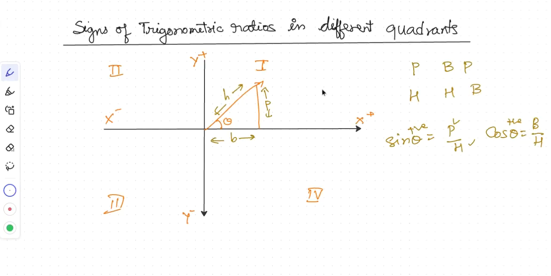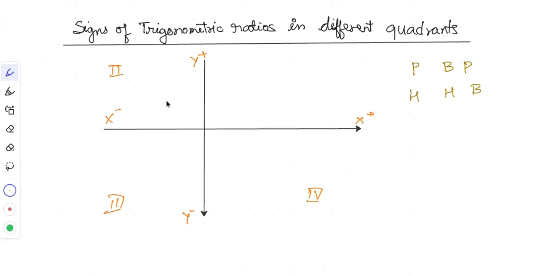Now let us talk about the second quadrant. Now we are going to draw the angle in the second quadrant. Let us say this line makes an angle with the positive x-axis, which is theta.